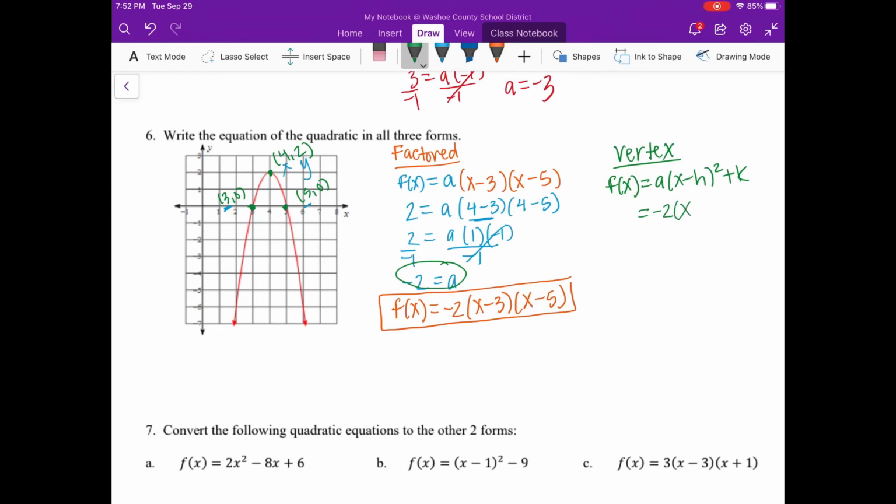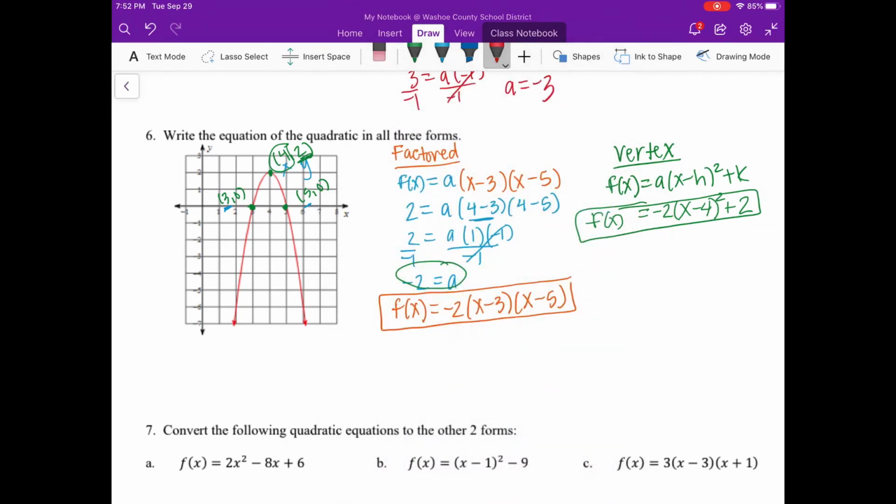Then x is going to stay as part of my equation. H is going to be the x value of my vertex. So in this case, that's going to be a 4. And remember, it's the opposite sign inside the parentheses. And then the plus k, that's going to be the y value of my vertex, which in this case, is a +2. And that is your answer. So now that we found a, it's easier to find the vertex form.